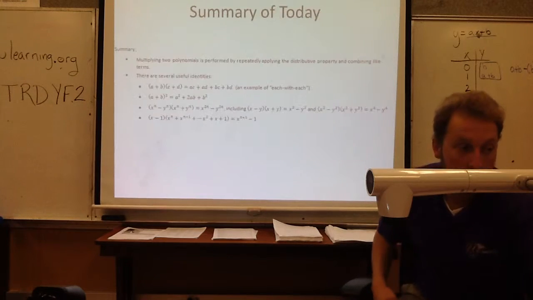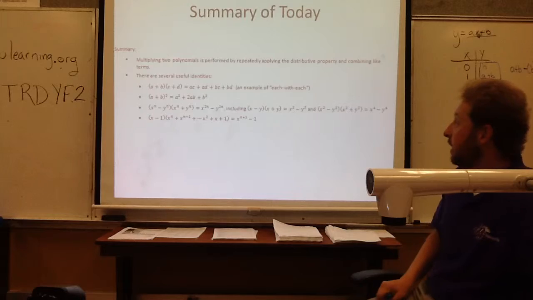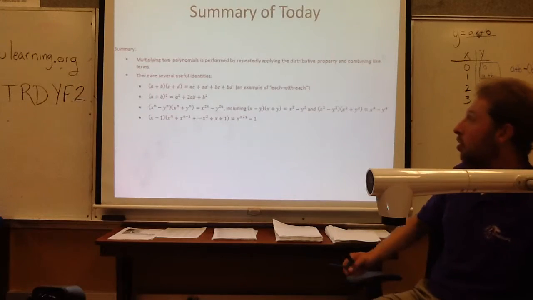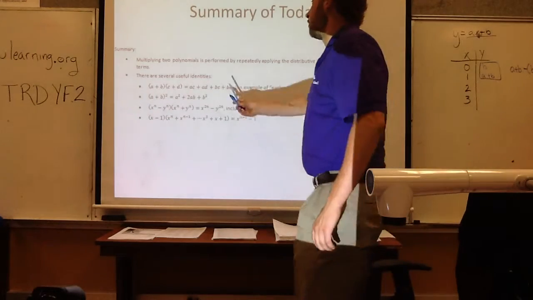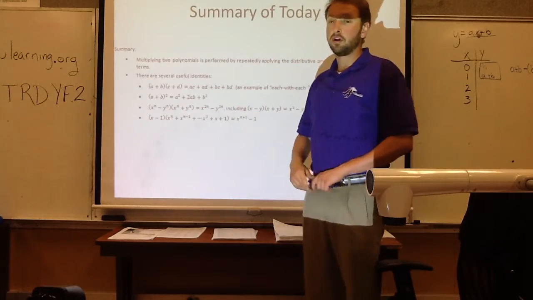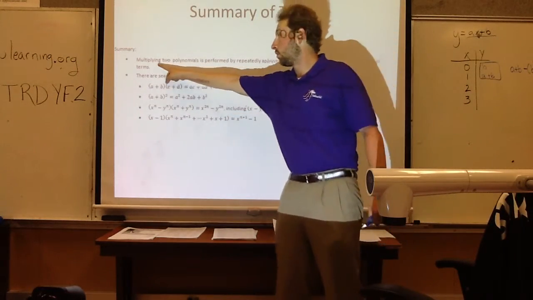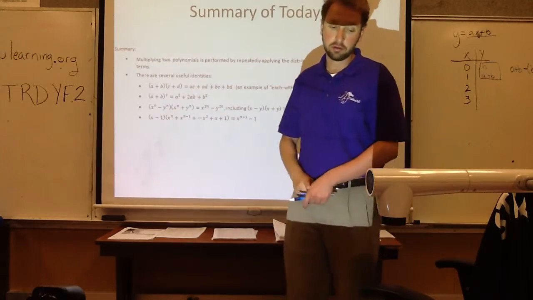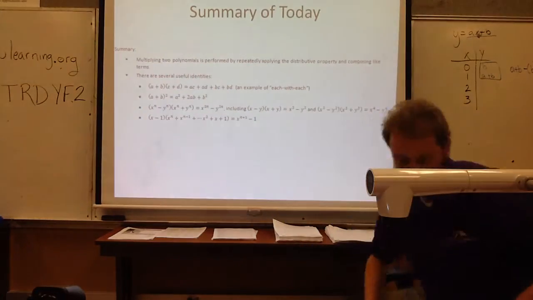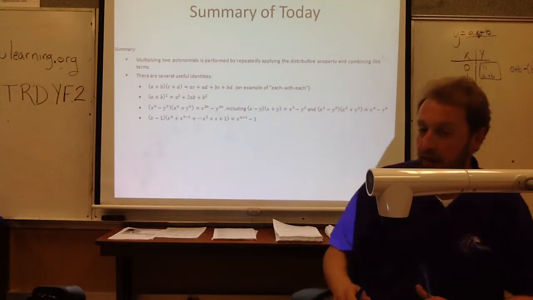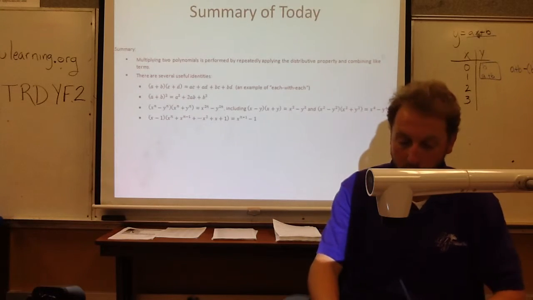The summary of today is we're going to be multiplying two polynomials. There are a lot of useful identities that we're going to look at, but really, we're multiplying two polynomials. So, to get started, we're going to look at example 1.